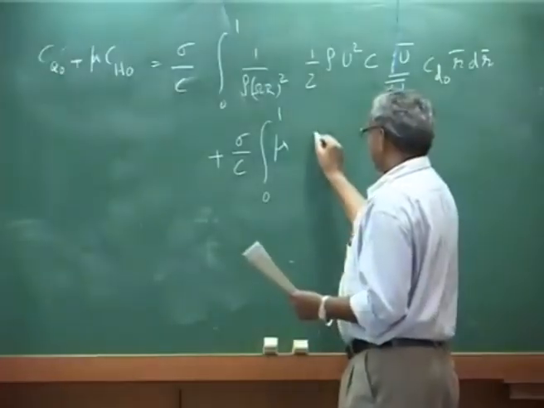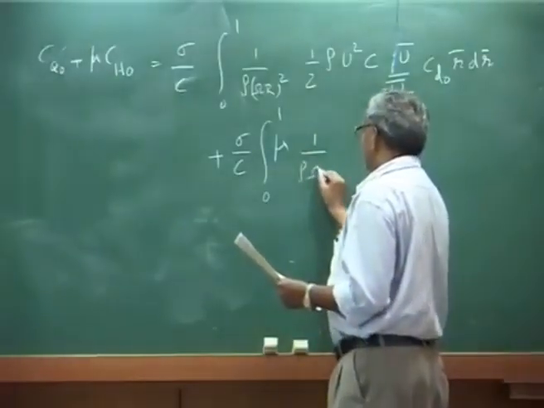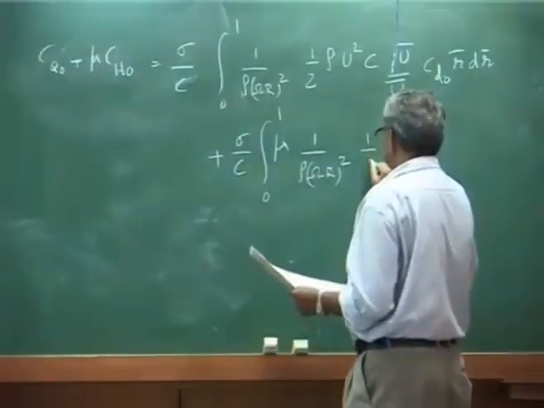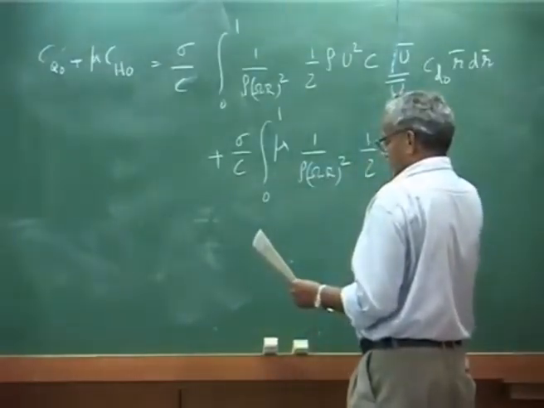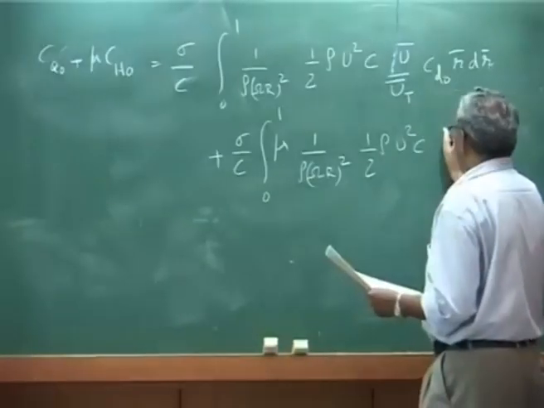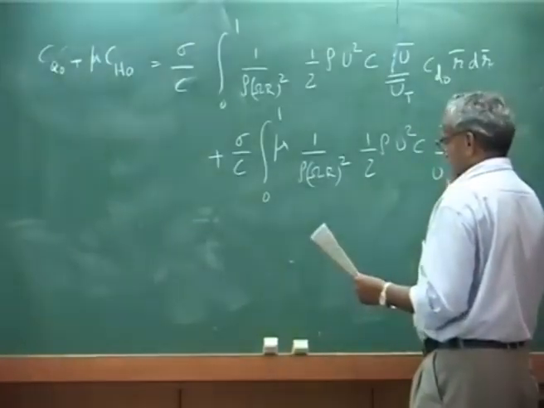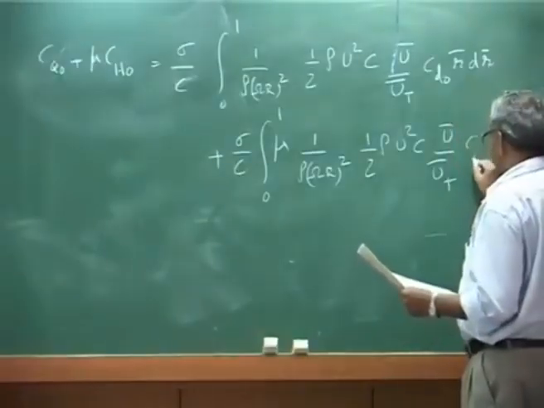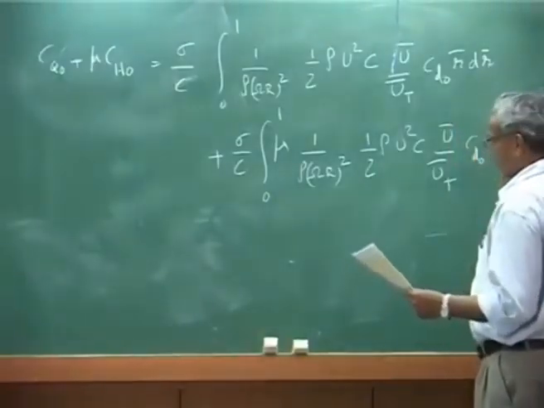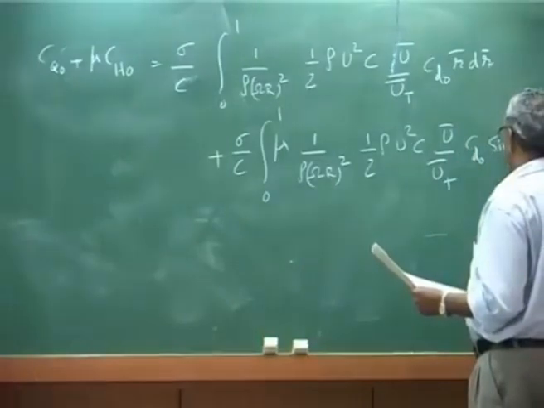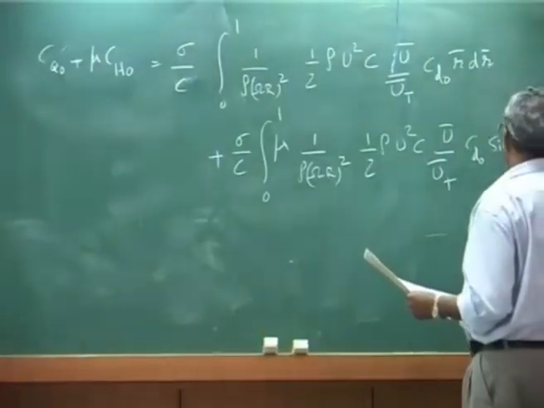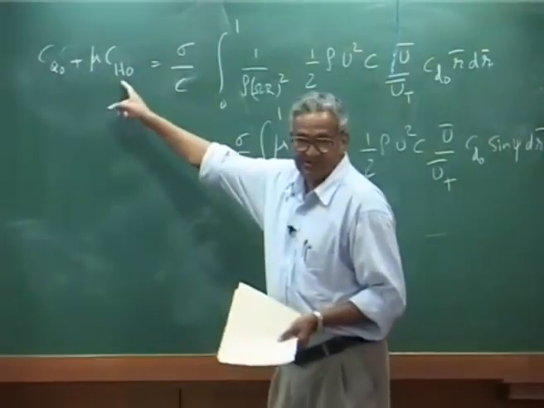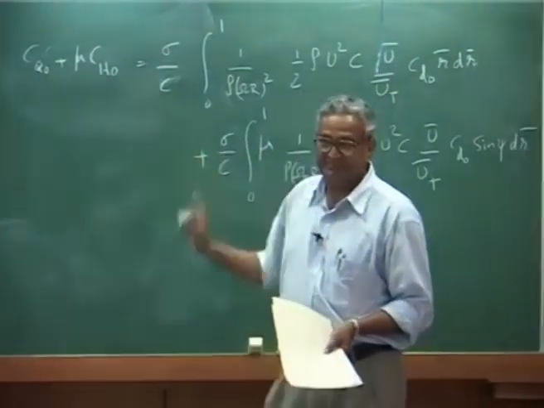Again this will be multiplied by 1 over rho omega r whole square, half rho U square C, U bar by U_T bar, okay, C_d0 sin psi dr bar. This is the CH0 term.